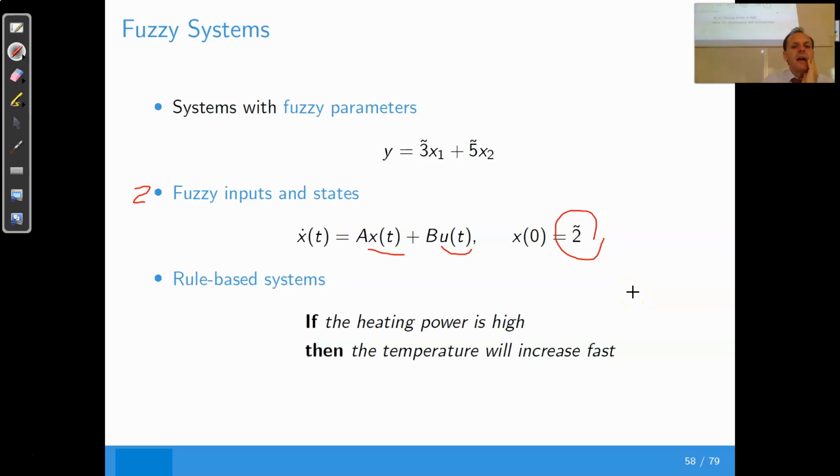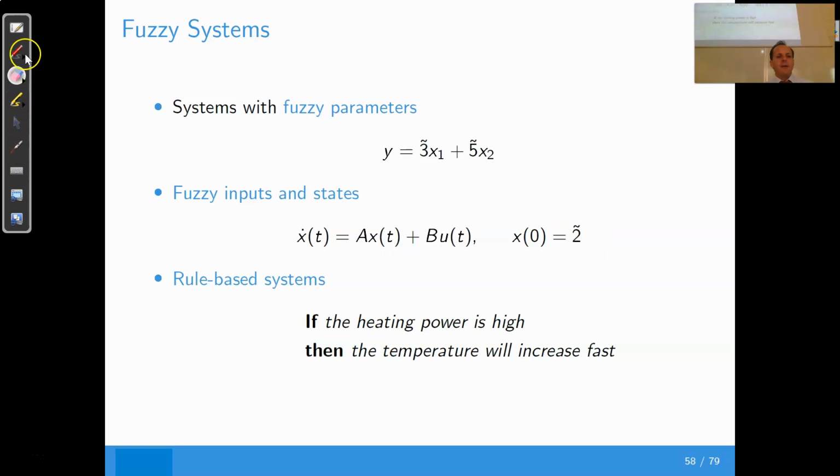So this is an example of a state space fuzzy system. The state, in this case, is a scalar defined by a membership function mu of x, a value around the value of x which decreases. This is the second example.